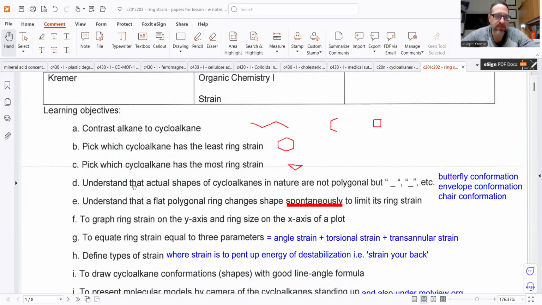So the rings did this spontaneously. If you were to construct a plastic model of cyclohexane and try to make it be flat, it would of its own accord become not flat.